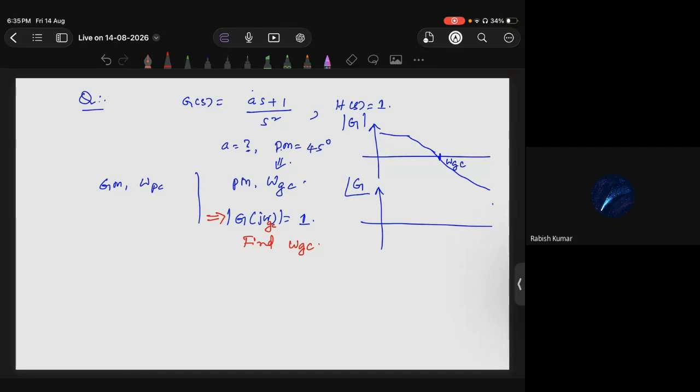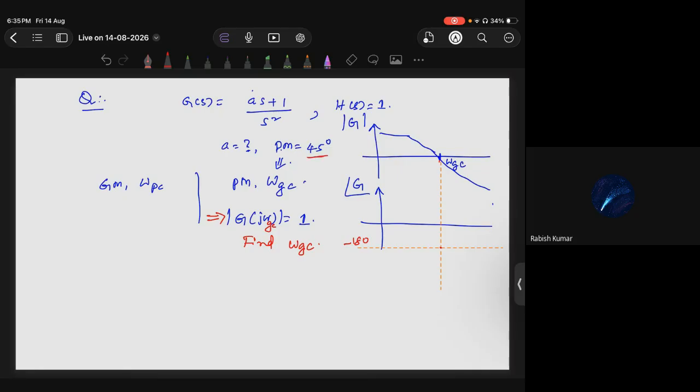Once you have this omega gc, you will extend this line. Now, what is phase margin? When you have the minus 180 line, how much is your phase plot deviated from it?